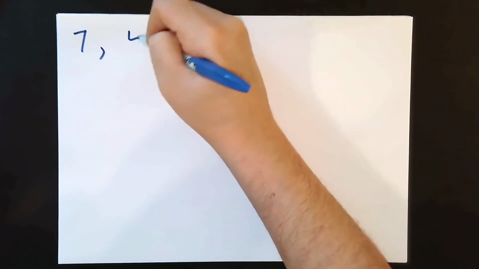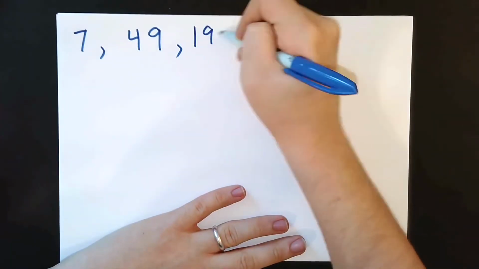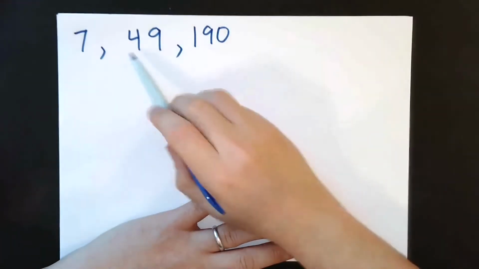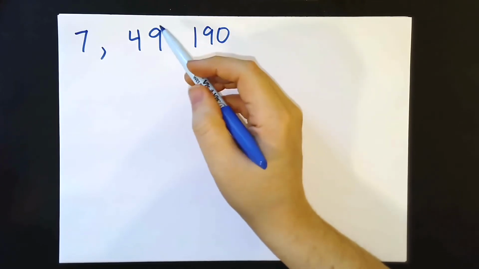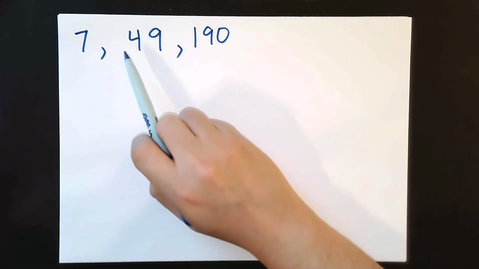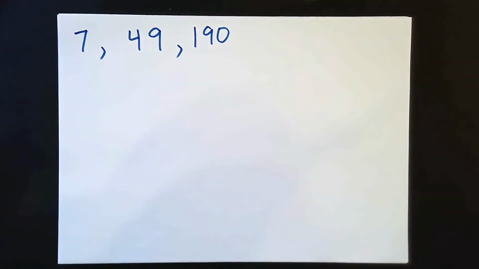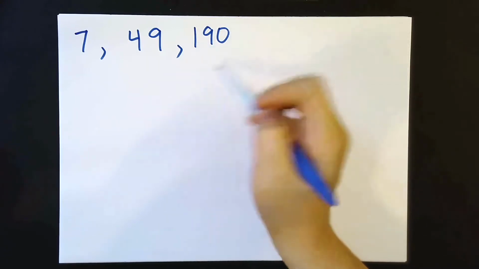Then I will get 49. I'm now going to square 49 mod 201, and that will give me 190. Notice 49 squared itself is a quite large number. It is 2401. But I get the benefit that I'm working mod 201, so I don't have to keep track of the huge part. I only have to keep track of the mod 201 part. So that's why I have this 190 here.